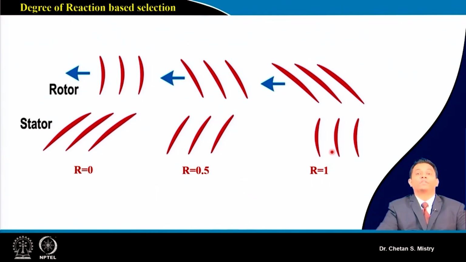So the fundamentals we have learned about this aerofoil are straightaway applicable to the design of our blade, and we know this degree of reaction varies all the way from hub to tip. Now you can understand what angles we have calculated. It may be possible that throughout my span I will be having hundreds, thousands of aerofoils, and these aerofoils may have different shapes.